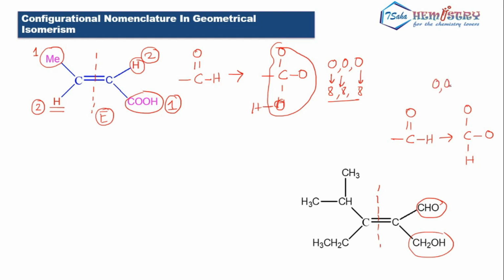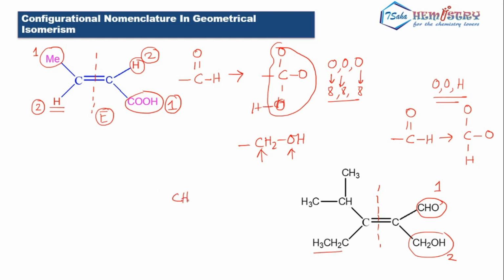Now in the case of CH2OH, what do you get? You get only one oxygen after carbon, but here you get OOH. So according to the atomic number rules, CHO will get higher priority, and the CH2OH group will get second priority. Now you have CH2CH3 and you have CHCH3.